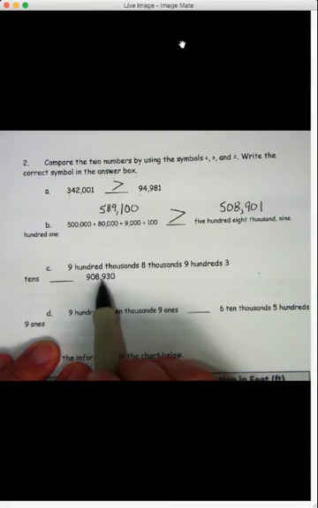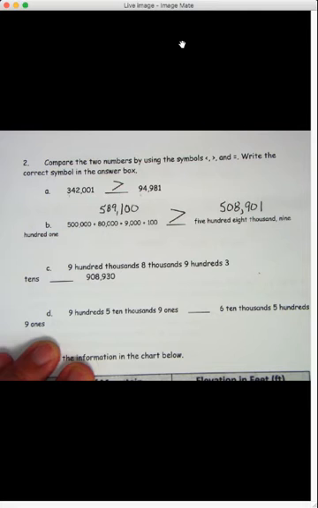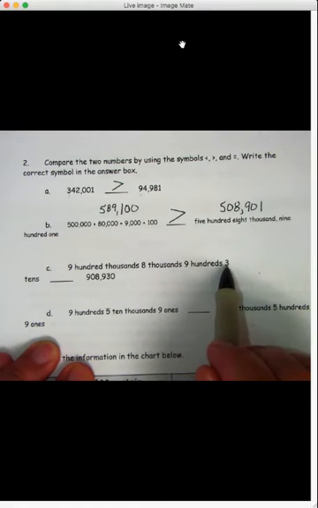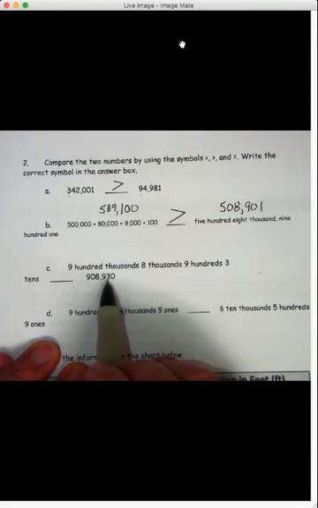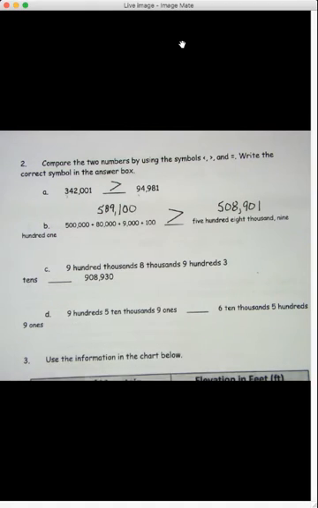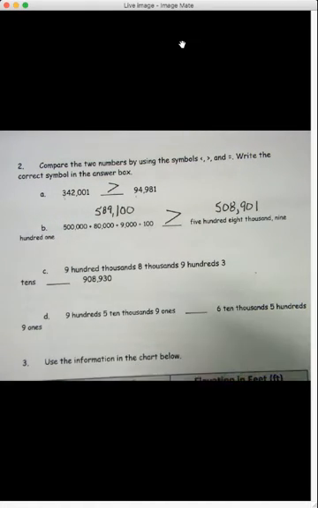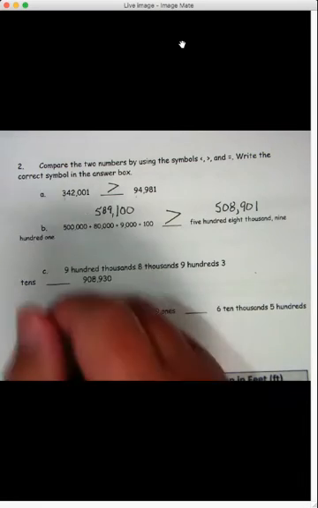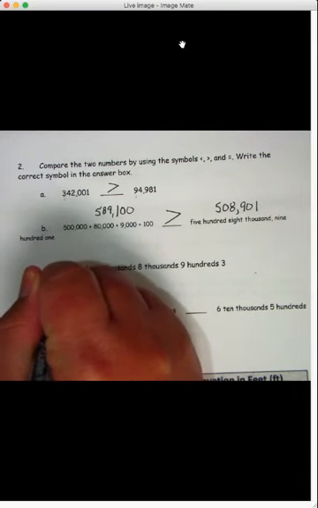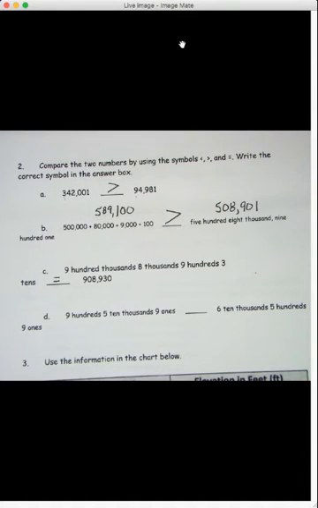This one says it has 900s. And this says it has 3 10s. And this one has 3 10s. And neither one of them have any 10,000s, do they? Or 1s. So if everything's same on both of the numbers, what should we put? Well, we obviously have to put an equal to sign. Those numbers are equal.